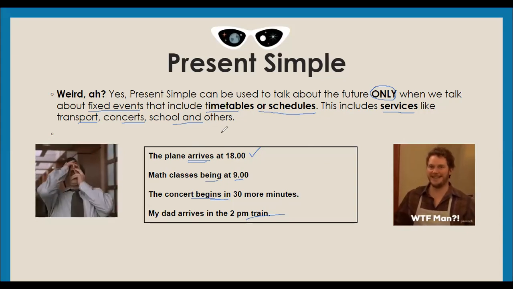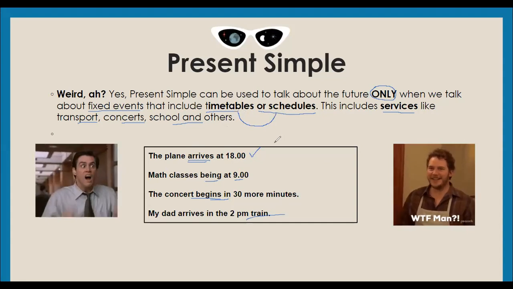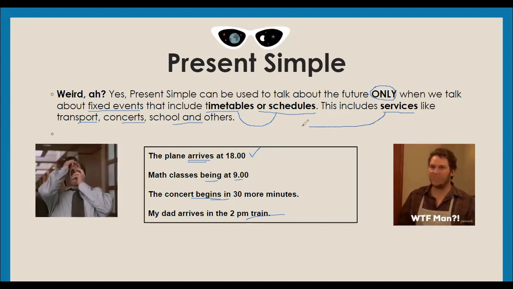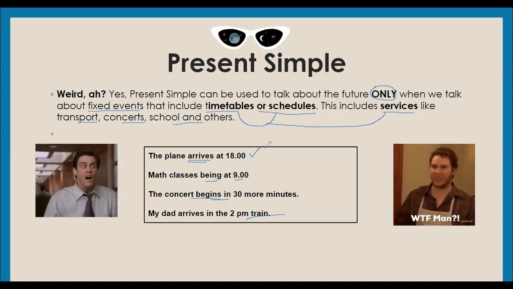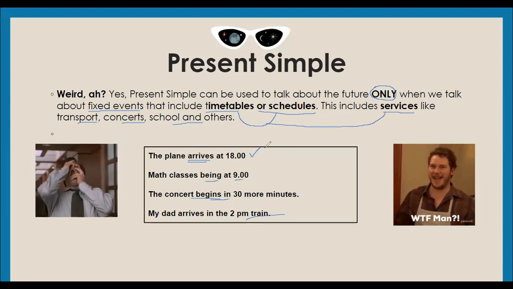No? Okay. Remember, it's connected to timetables and schedules, and that means these are services. That is the only scenario in which you can use the present simple to talk about the future.